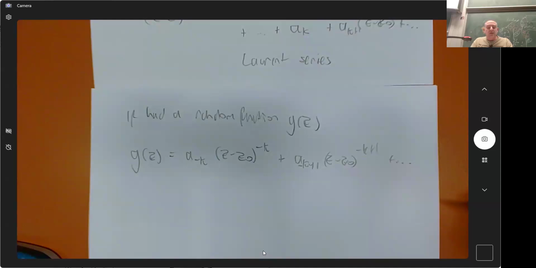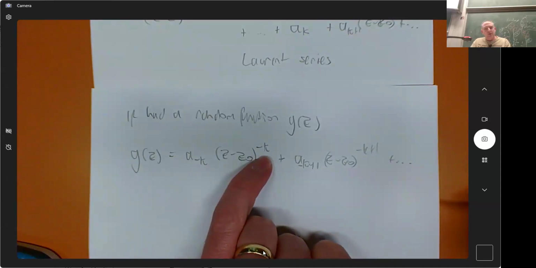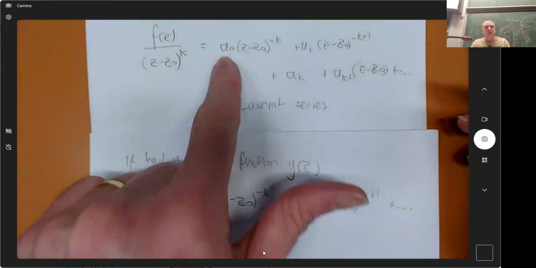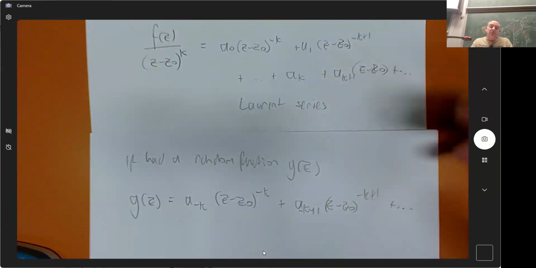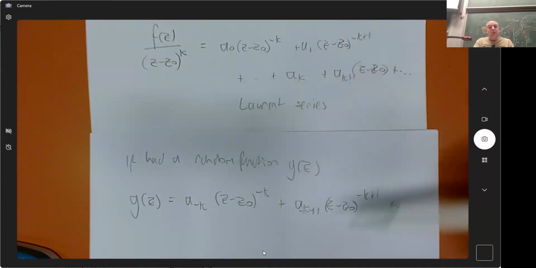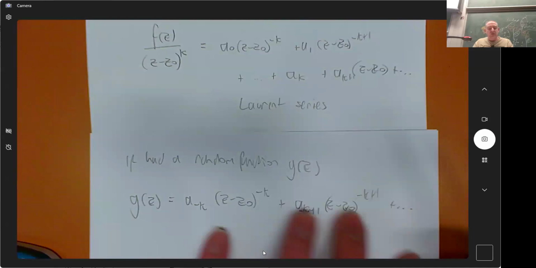You'd normally label them by the exponent, rather than labeling the first one a0. There's no particular reason you have to call them by any particular name, but that's the tradition.